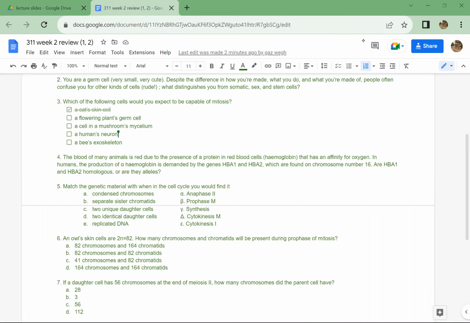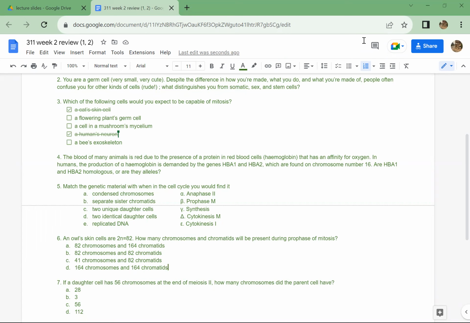Okay, moving on. A human's neuron. Is a human's neuron a somatic cell or a germ cell? I would say that it is a somatic cell. It helps to comprise our body. Now, a bee's exoskeleton. What do we think? This is also a trick question. I'm sorry for tricking you twice in a single question.